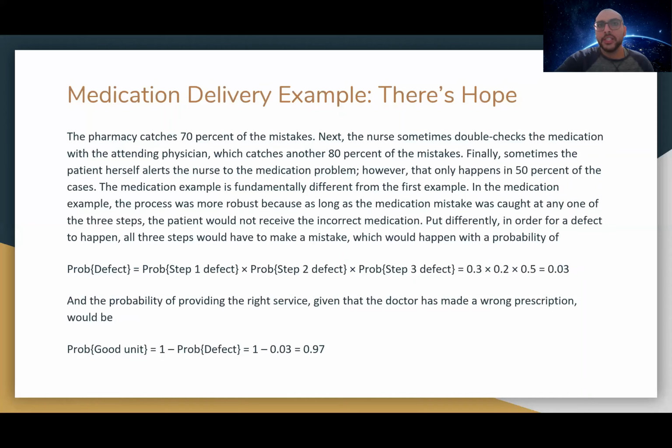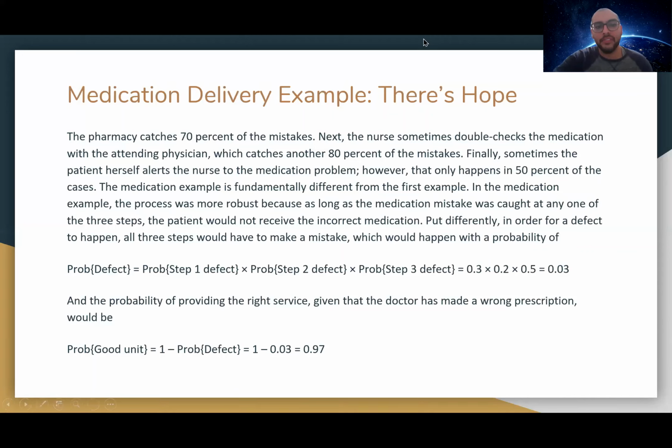So if step 1 and step 2 in the process make a mistake, but step 3 catches it, this mistake will be fixed and we will end up with a good outcome, and so on. Because it's basically like a circle. So there is no start and there is no end. As long as the error gets caught, it will be fixed and we will end up with a good outcome.